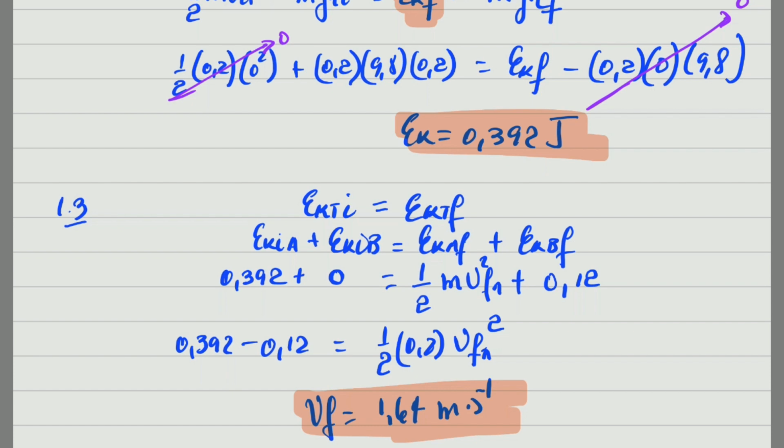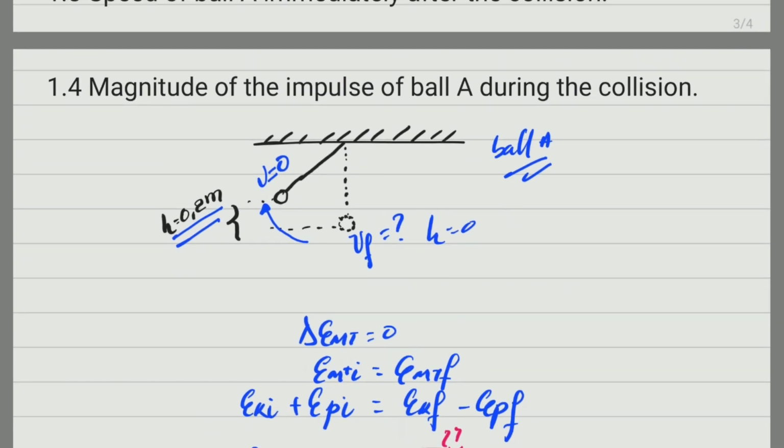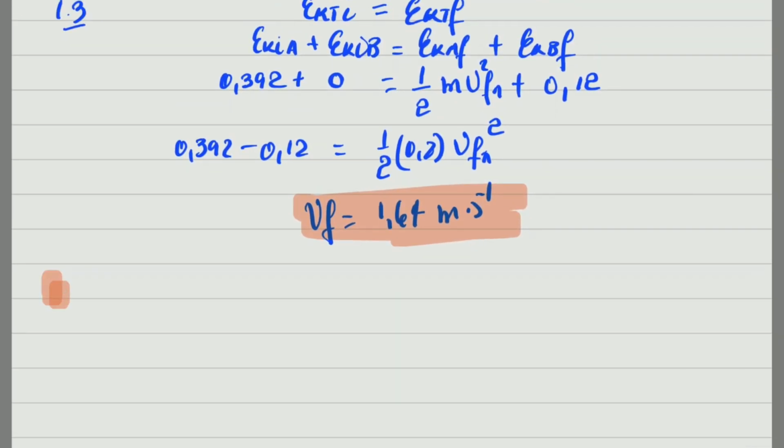And then the final question asked, calculate the magnitude of the impulse of ball A during the collision. Now, to calculate the impulse, we must remember, question 1.4, that impulse, I'm going to write that down, is going to be equal to the change in momentum.